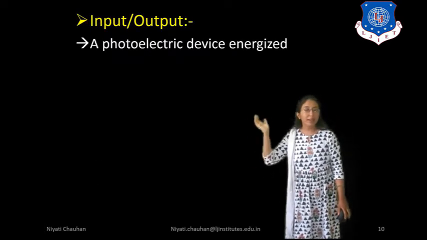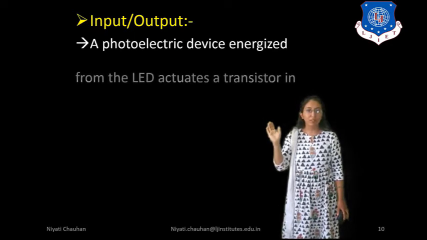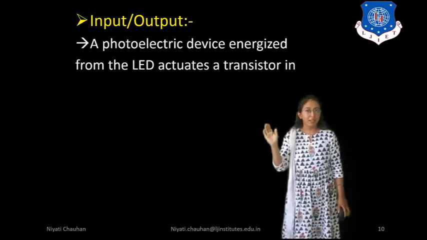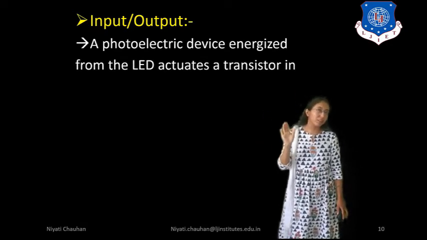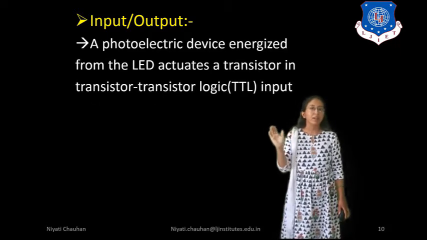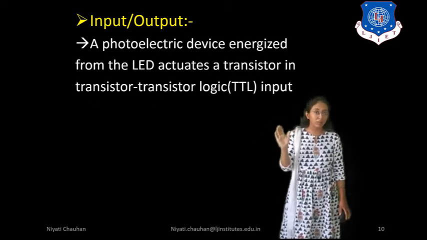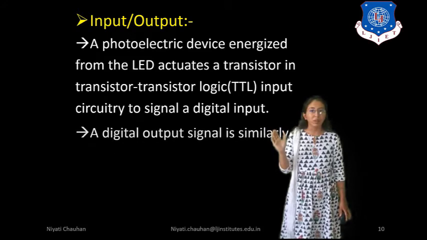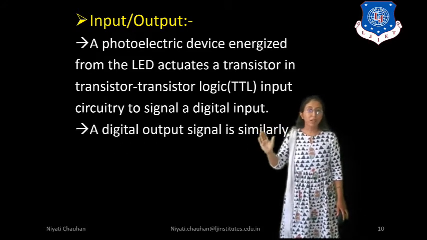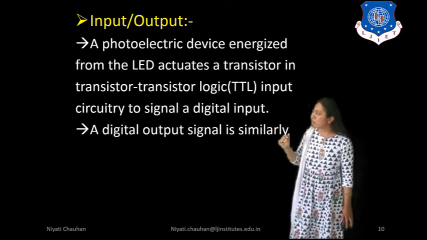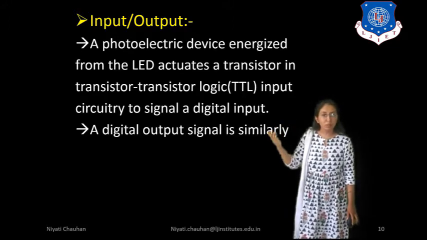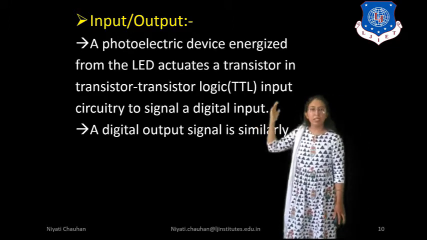A photoelectric device energized from the LED actuates a transistor in the transistor-transistor logic, TTL, input circuitry to signal a digital input. So here as a digital input we can also use TTL.